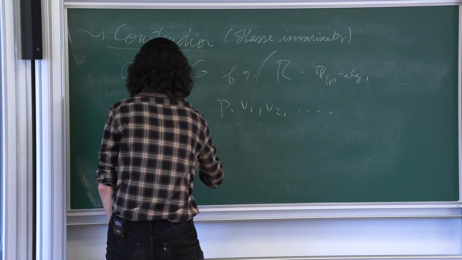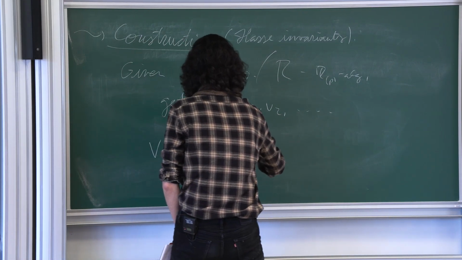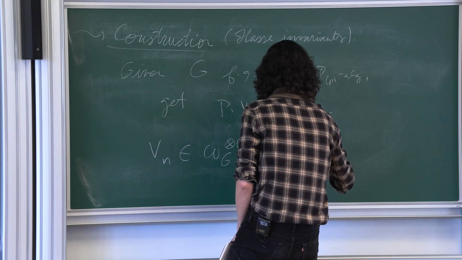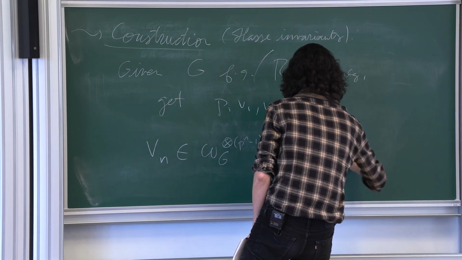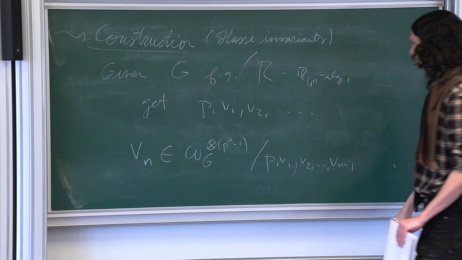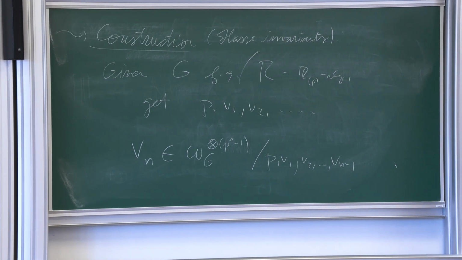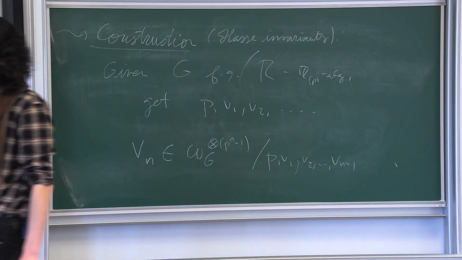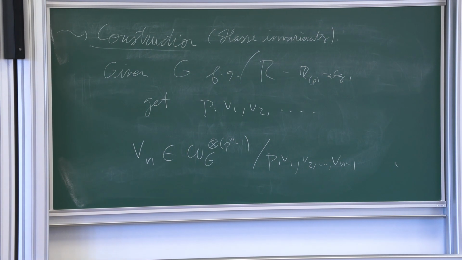So vn lives in omega G tensor p to the n minus 1, and then you have to mod out by the previous ones, p, v1, v2, up to v(n minus 1). The modding out makes sense because it makes sense to mod out by a section of a line bundle. Modding out by an element doesn't change the answer if you multiply that element by a unit. Okay?